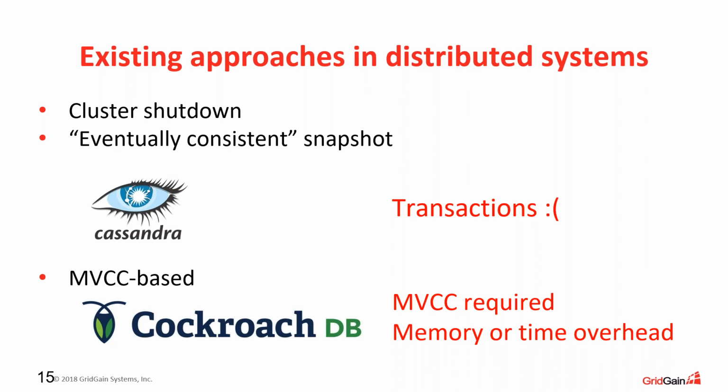And another reason why we didn't use this approach in our system is that there was no MVCC. I want to mention that MVCC is going to be released in the closest Apache Ignite release, 2.7, but we needed snapshots way earlier.